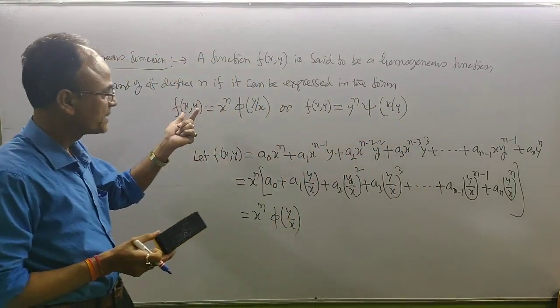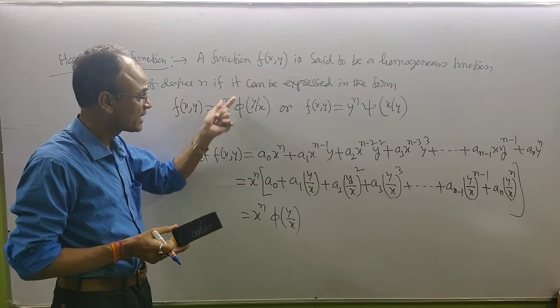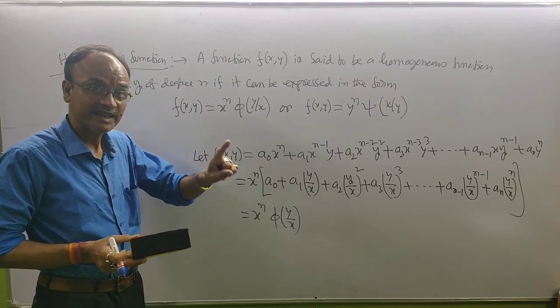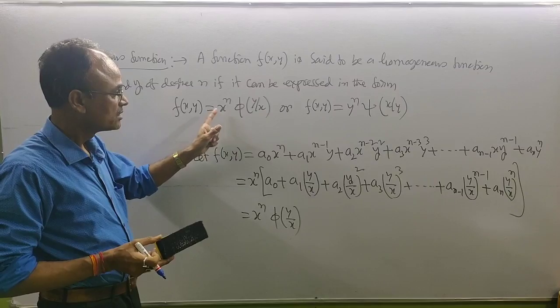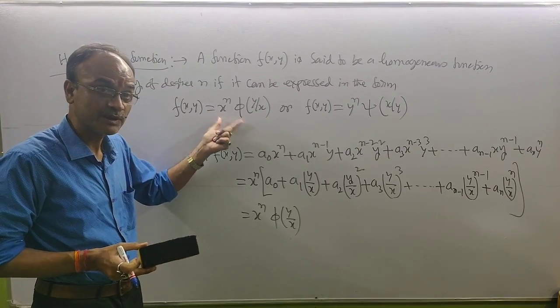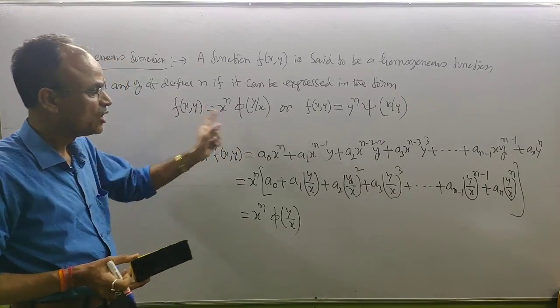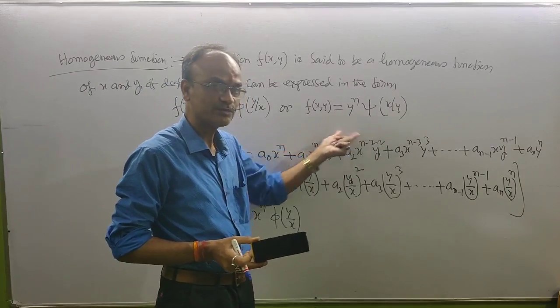If you express this function as x to the power n phi of y by x, then the function is said to be a homogeneous function of x and y of degree n, or you may express it like this also.